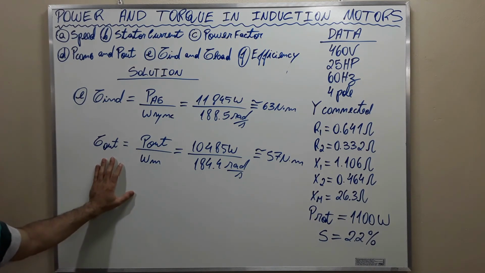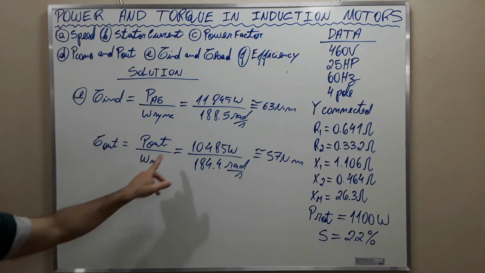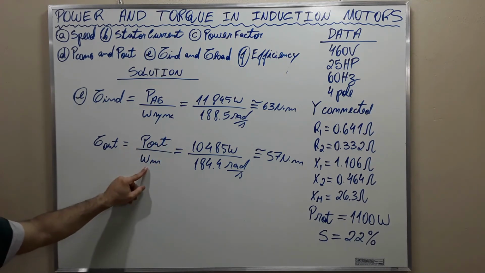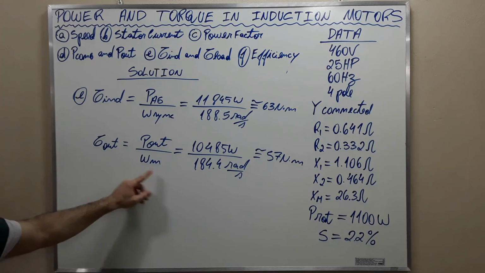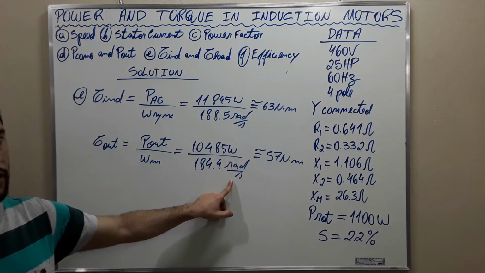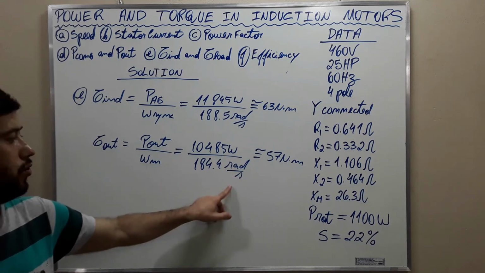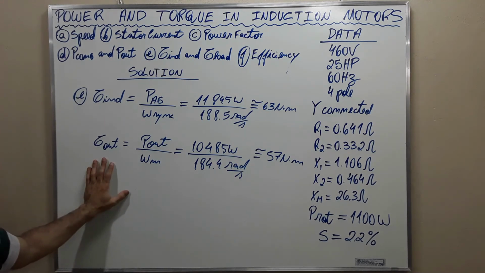This is the power delivered to the load, and if you divide it by the rotary frequency in radians per second, using international units here, not English units, you find the output torque, or if you prefer, the torque delivered to the load.